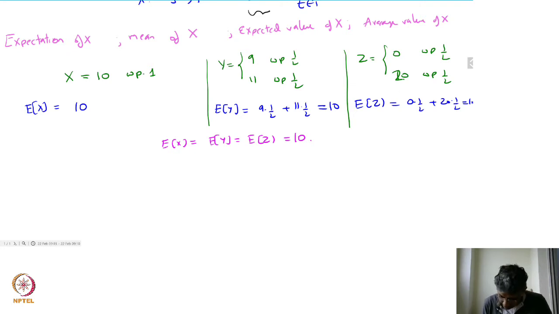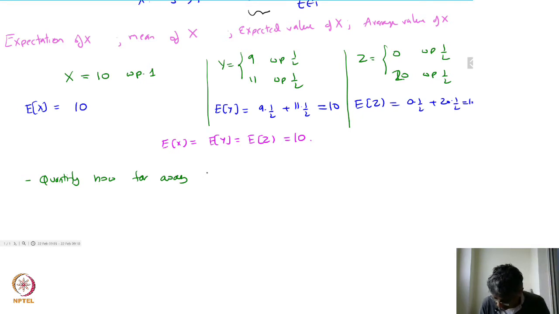So one thing I want to do is quantify the spread of the distribution from its average. I want to quantify how far away a random variable is typically from its average.